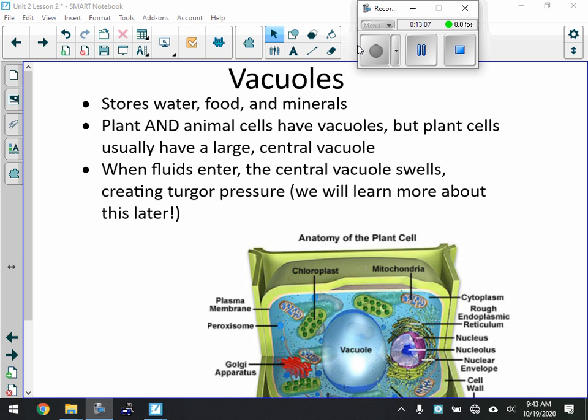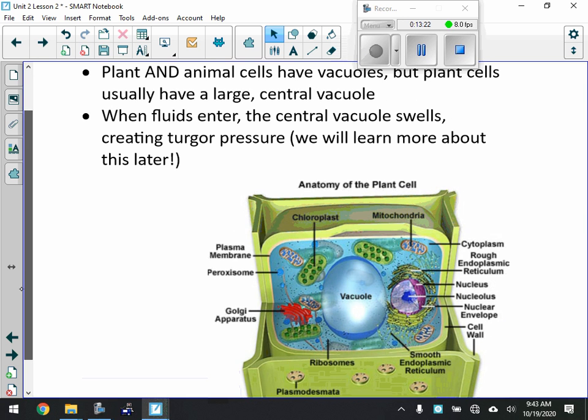When fluid enters, the central vacuole swells, creating what we call turgor pressure, and we'll talk more about that down the road and what that means for the plant. That is one of the key differences between a plant and animal cell. They both have vacuoles. One is large and central. The other one is quite a bit smaller.